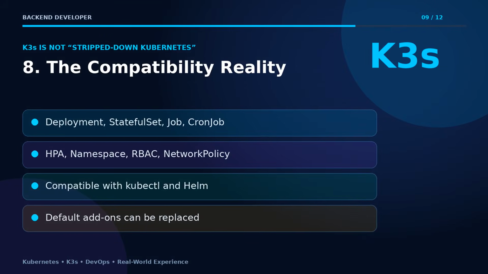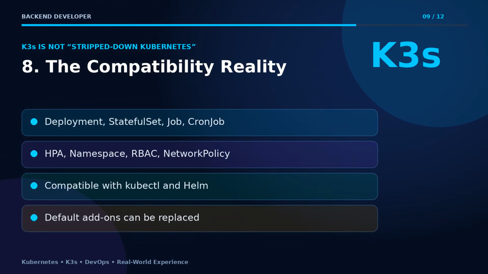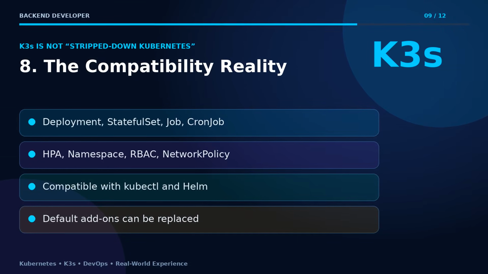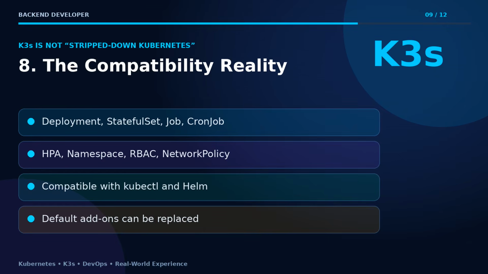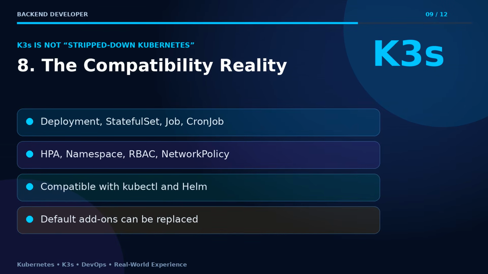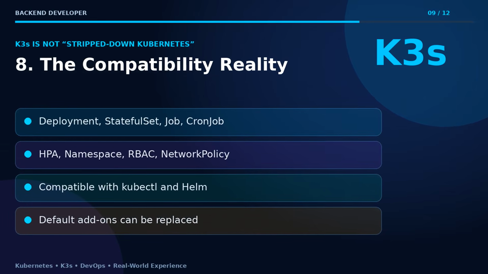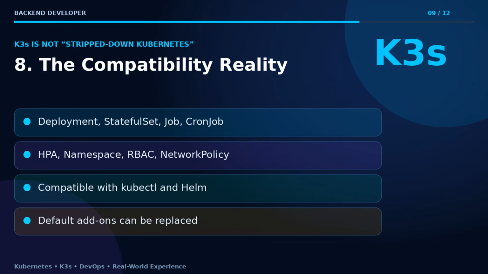A common misconception is that K3s must be missing most Kubernetes features because it is lightweight. That is incorrect. K3s is a conformant Kubernetes distribution and uses the standard Kubernetes APIs. Deployments, stateful sets, daemon sets, jobs, cron jobs, the horizontal pod autoscaler, namespaces, role-based access control, and network policies can all be used.